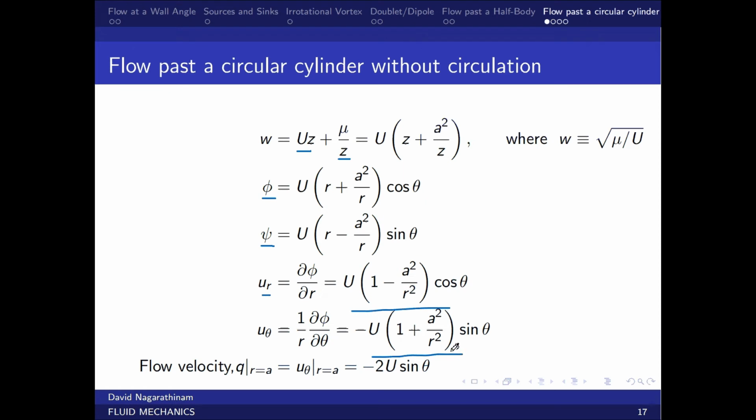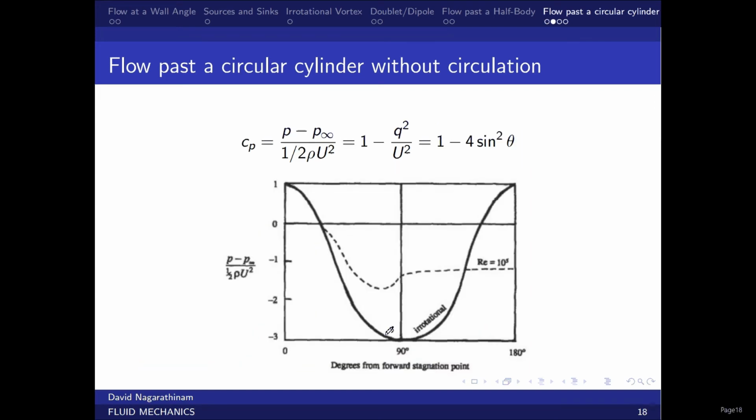Now, for such a flow past a circular cylinder without circulation, we have the azimuthal velocity at r equal to a being given by this particular functional form.